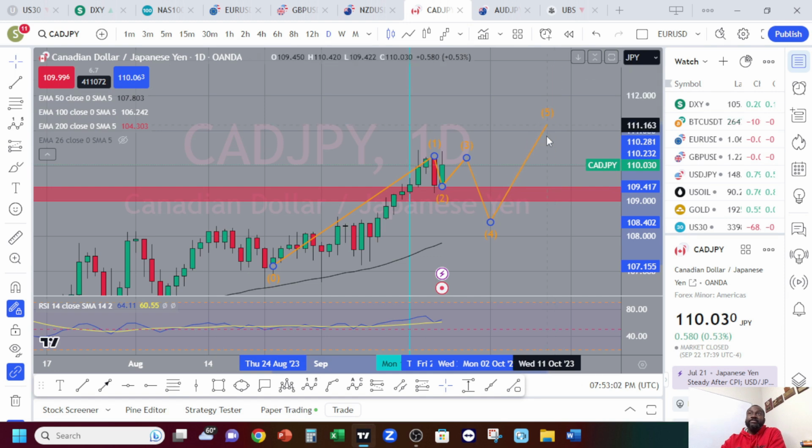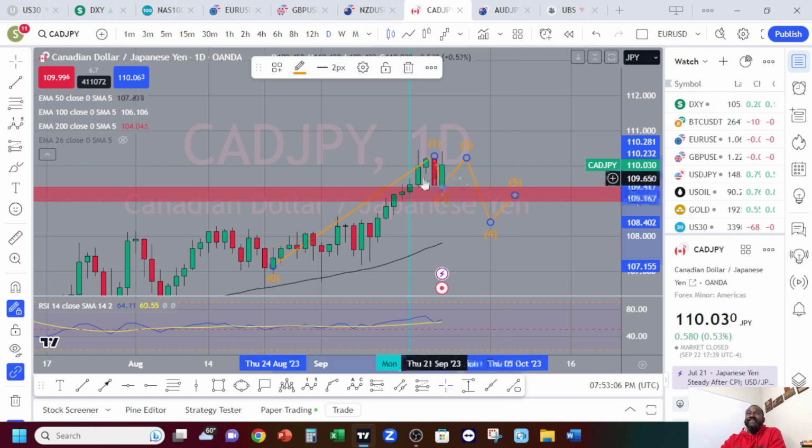But also, price might come back to test this. If it's going to break it, it has to make a low that is lower than this low. If it goes up and then makes a low that's lower than this low, we're going to wait for a lower high to continue down. That's a possibility. Remember, the market can do what the market wants, so we can't control it, but at least we prepare.